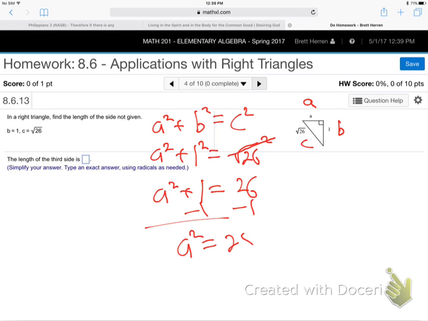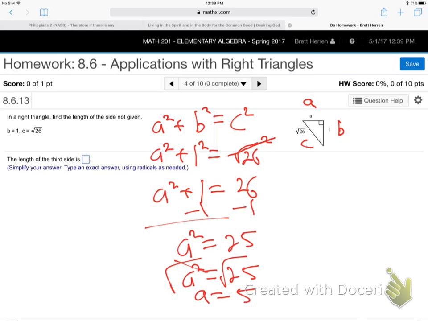And then we just subtract 1. So a squared's 25. How do we turn that into plain A? We root it, because the rooting will cancel the 2 power. And that's 5. A is 5. Does that make sense? Everybody see that last step?